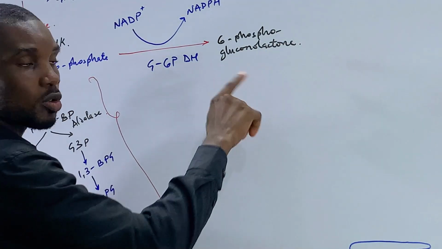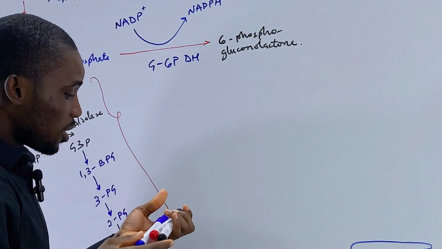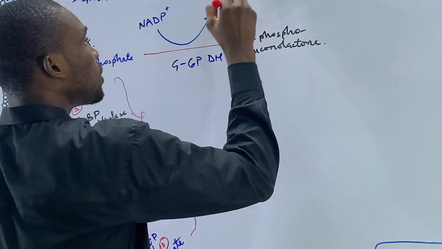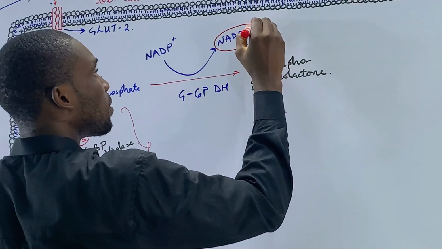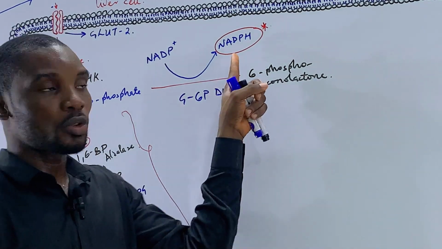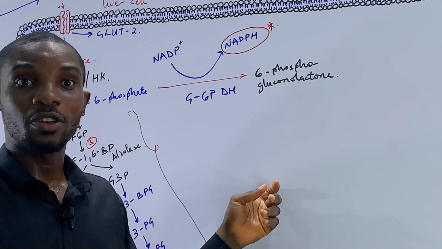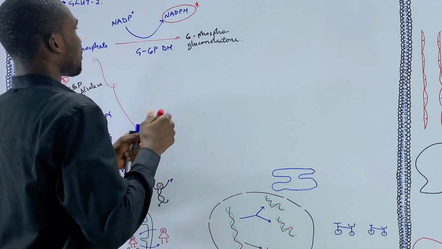So 6-phosphogluconolactone is formed. Now, this NADPH is one major substance which we want to form. So this is one important product of the PPP, which is necessary for the survival of the cell. This is reaction 1.